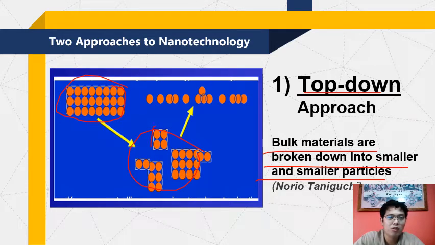So four corners of atoms are dissected out of this bulk material, and later on they are dissected even into smaller parts like this one here.